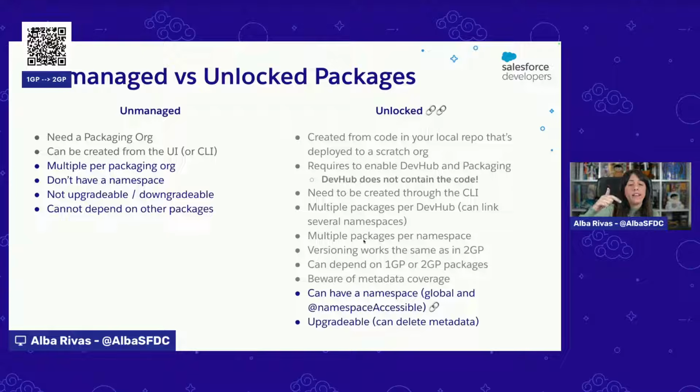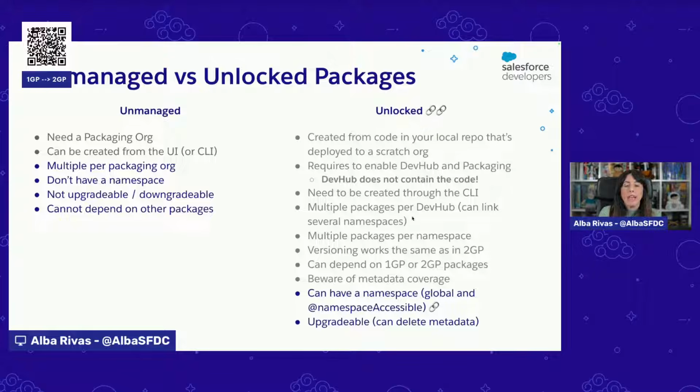And these are also characteristics that unlocked packages have and that are exactly the same as in second generation managed packages. This is something that we already discussed that was true for managed packages, and that is also true for unlocked packages. They work in the same way.